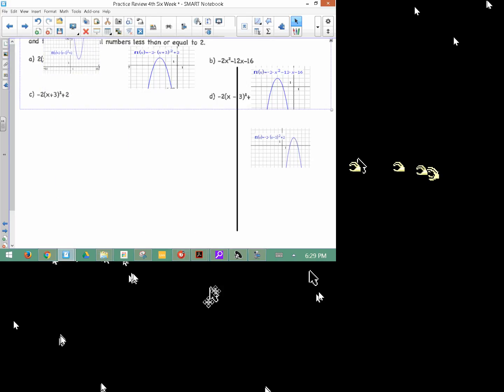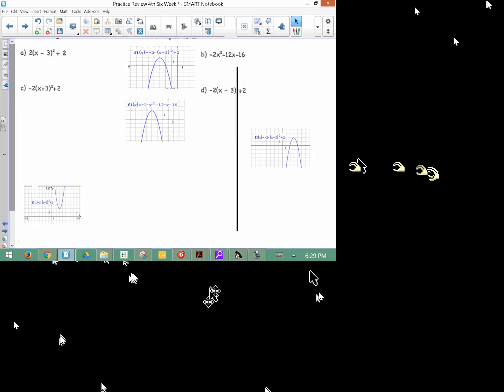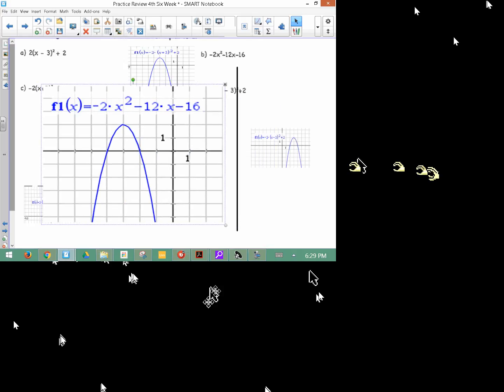If we look at the others, I'll just put that one away. Let's look at B. I think this one is B right here. And remember, it has to meet all 3 conditions. Let's look at the problem again.